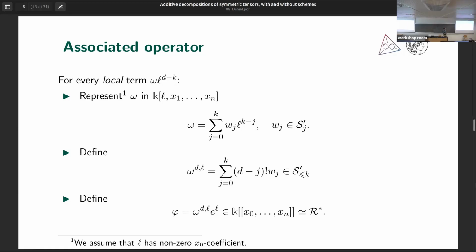You change the coefficients of omega by adding some factorials that take into account the action of derivations, and then you multiply this affine polynomial that you found by e to the L, the exponential series localized in L. And this will be an infinite series in x0, ..., xm, which you can see as a function on R star. And that will be the operator phi that realizes the magic.